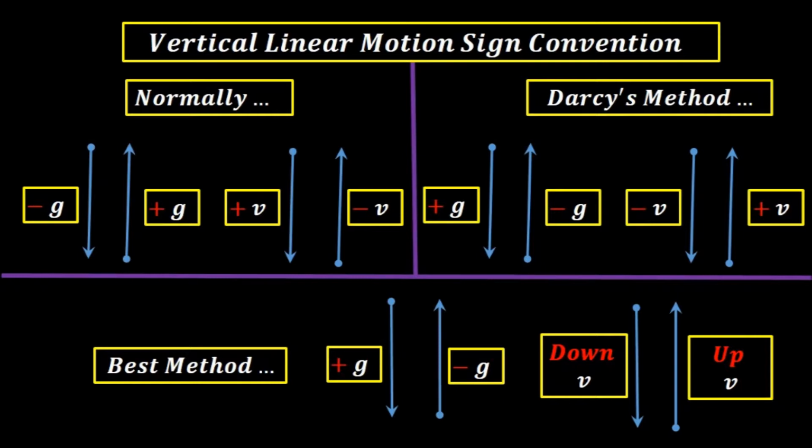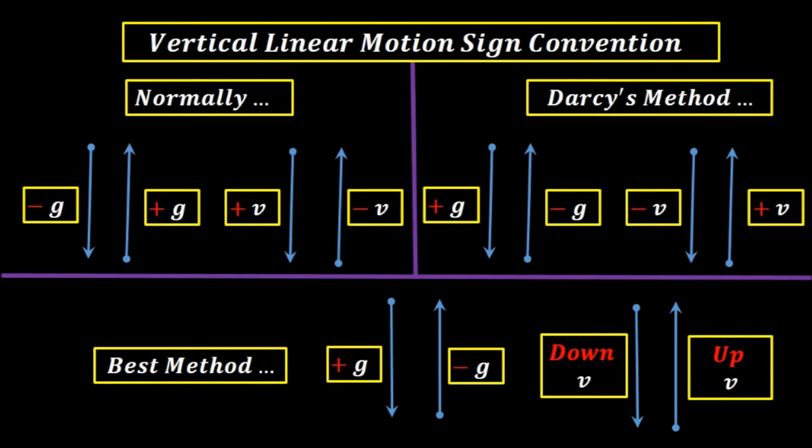Therefore, up would be positive for V and down would be negative for V. The best method, the least confusing method, I think, is what I'm calling the Darcy method. It's certainly not called that, but if something's accelerating downward, it's increasing its velocity.